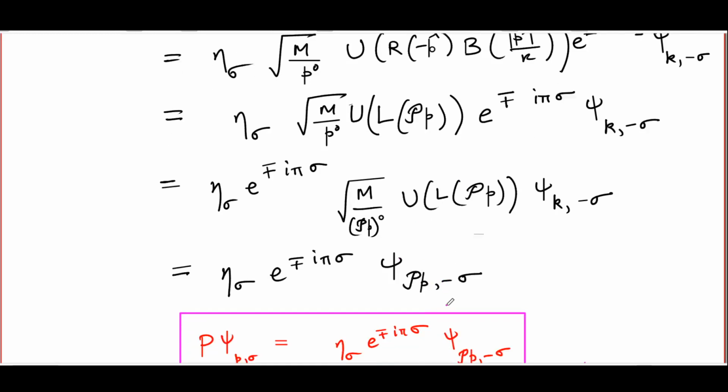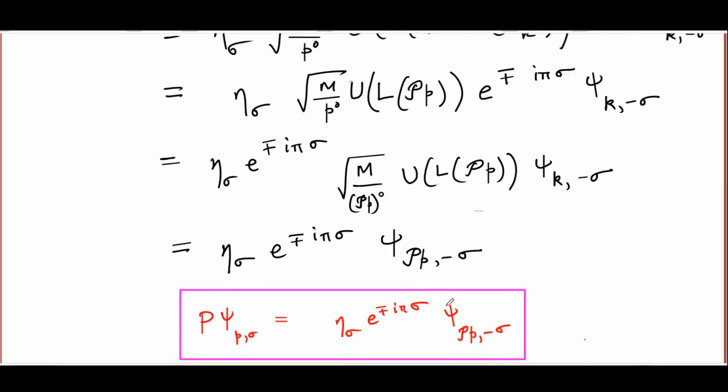So our overall result is simply this: when parity acts on a momentum eigenstate of a massless particle, you end up with an overall factor of e to the sigma times another extra phase factor e to the minus plus i pi sigma, and the state corresponds to the parity reversed momentum. Of course, only the spatial part reverses, the temporal part stays the same, and the spin eigenstate is reversed to minus sigma.